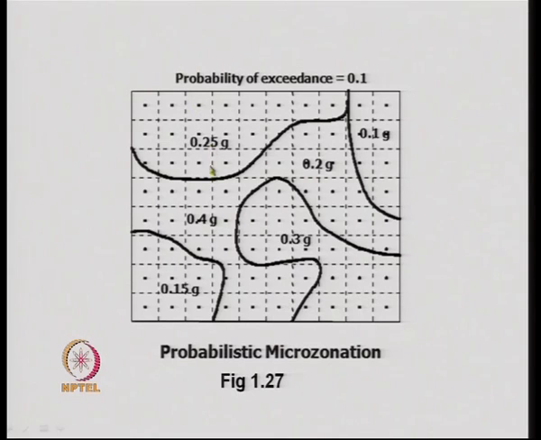Here the numbers associated with each subregion show that the probability of exceedance of the 0.25 G level of peak ground acceleration is 10%. So, we take 10% probability of exceedance, that is 10% risk, and based on that one can design the buildings with this peak ground acceleration.